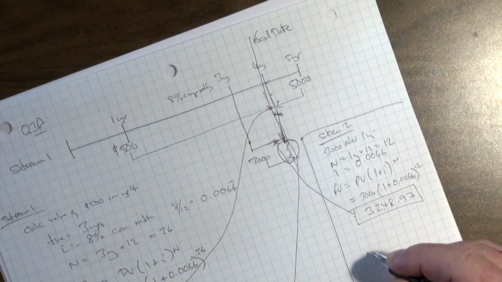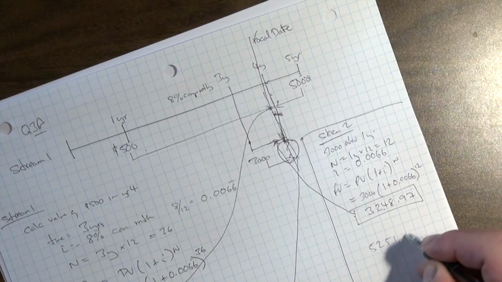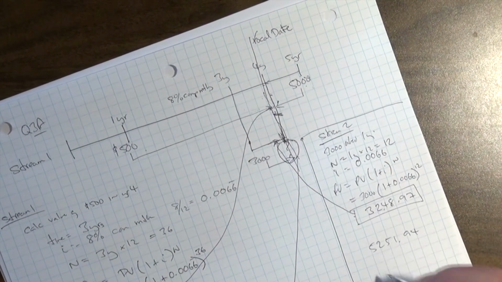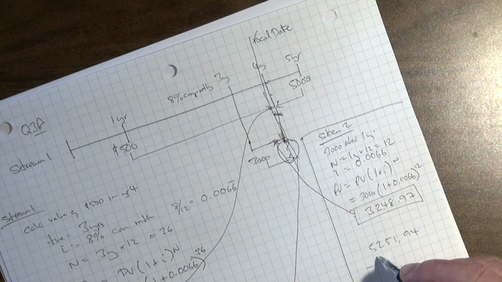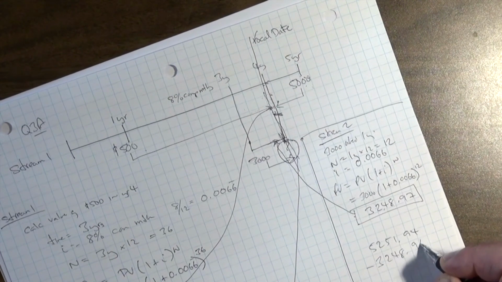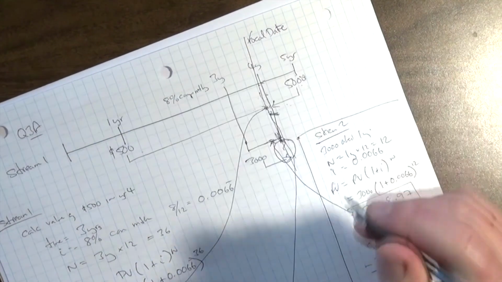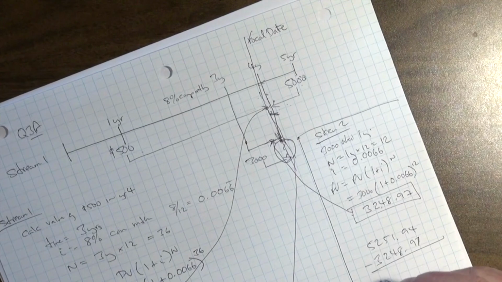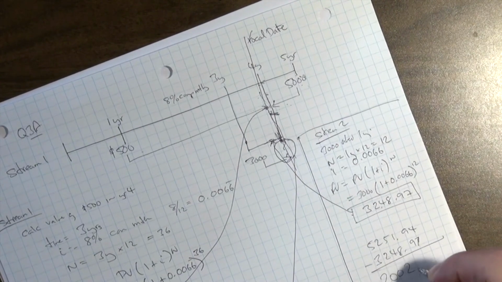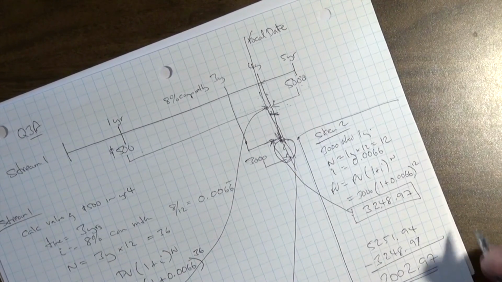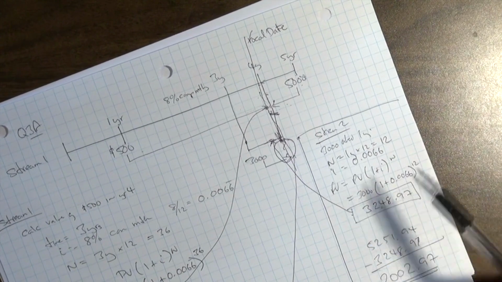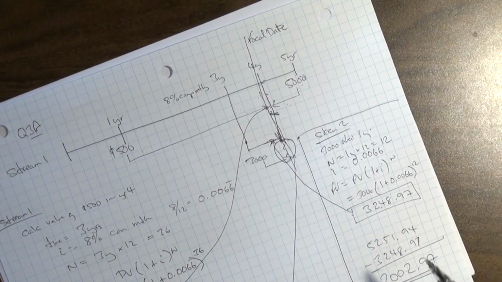If we take 5,251.94, the value of the first stream, and subtract what we know the value of the second stream to be, 3,248.97, the difference between the two must be that last payment. That will be $2,002.97. So effectively, the answer to the problem is that the last payment at year four should be $2,002.97 in order to settle the debt.